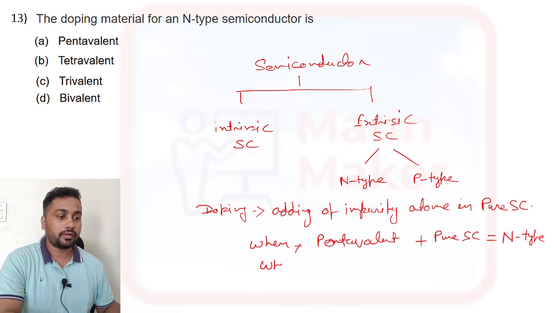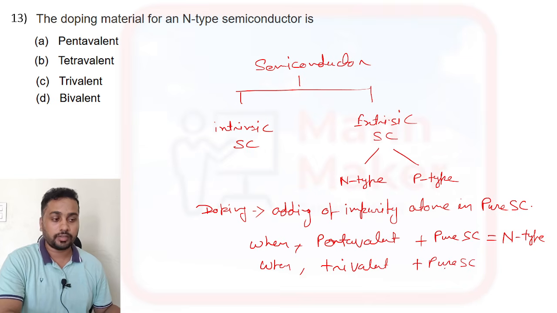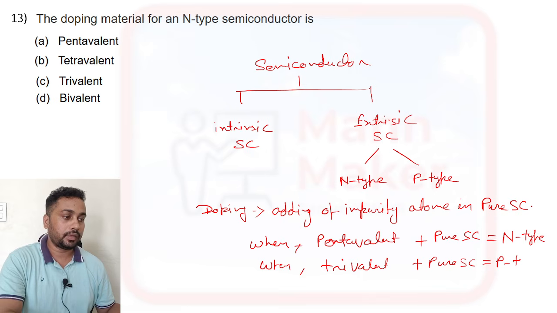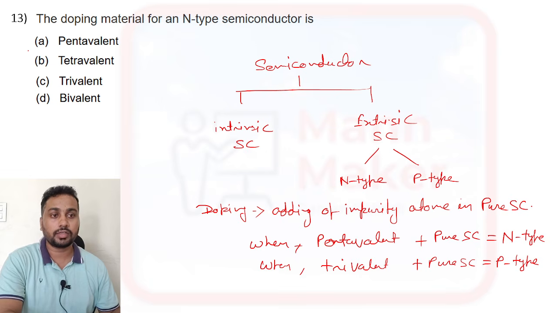And when a trivalent atom is added to, or doped into, a pure semiconductor, it is called a p-type semiconductor. Here they have asked for n-type semiconductor. So n-type is pentavalent and p-type is trivalent.